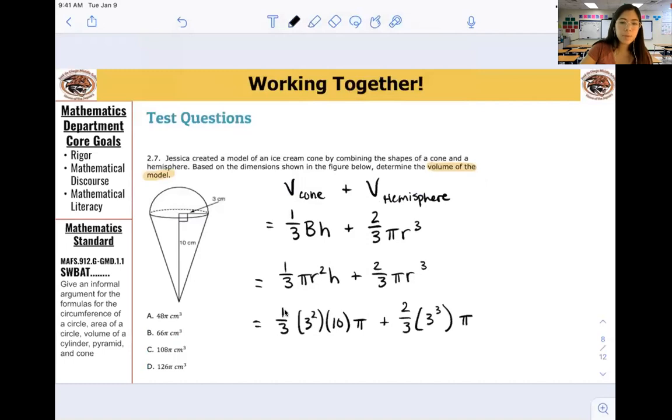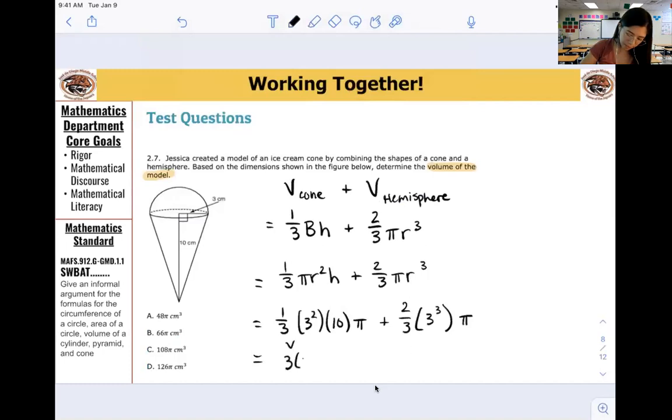What's 9 times 1/3? Three. 9 divided by 3 is 3.